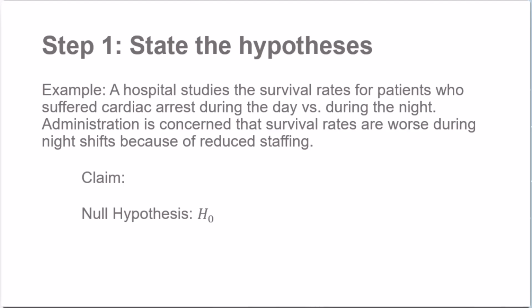Here's another example. A hospital studies the survival rates for patients who suffered cardiac arrest during the day versus during the night. The administration is concerned that survival rates are worse during night shifts because of reduced staffing. So here we're comparing survival rates for 2 different groups.